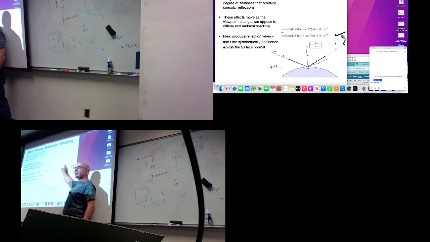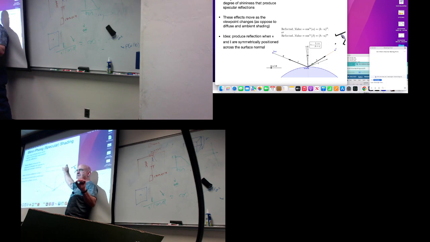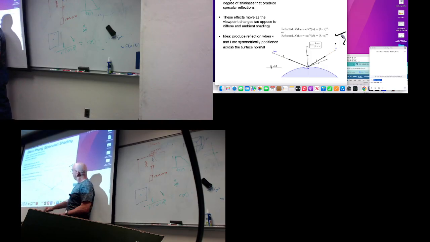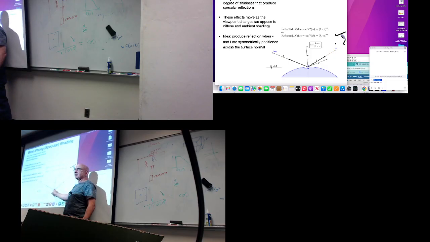And do it 3, 4, 5 times. That is, compute the cosine to the power of m. M is some constant that you decide about ahead of time that is relevant to this surface. And this will tell you what is the intensity at this point.